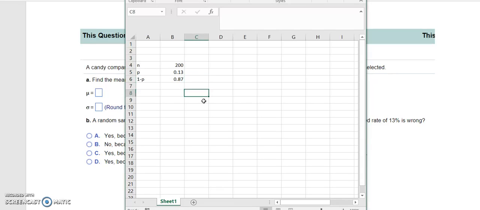So remember, the mean would be N times P. That's your mean.